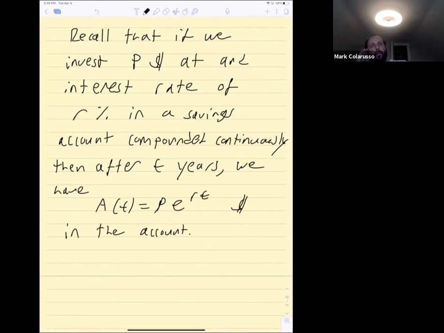That was what we saw for computing interest compounded continuously, this exponential growth of the balance of the account. In this situation, we're going to do something different.